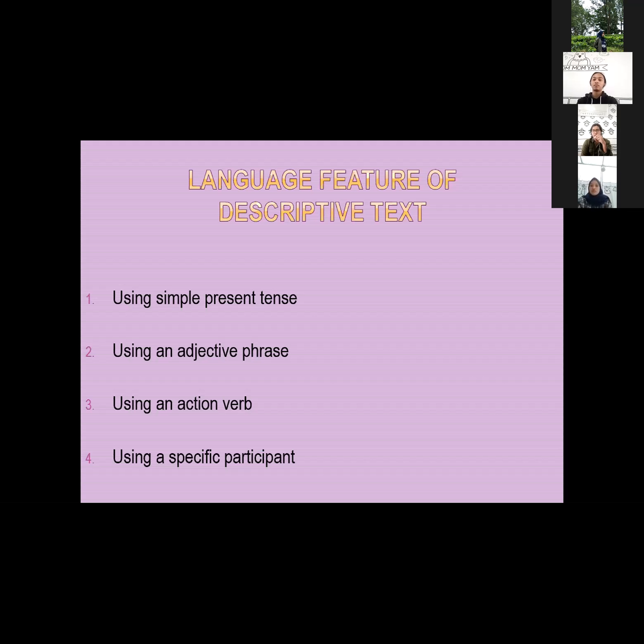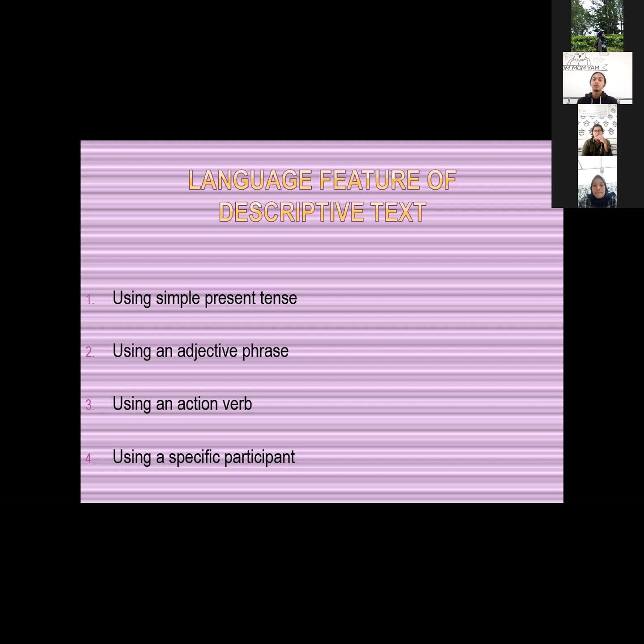The second is using an adjective phrase. The use of adjective is to clarify the noun. For example, a beautiful beach, a handsome man, the beautiful girl, the famous place, and many more. The third is using an action verb. Action verb here means verb that shows an activity.